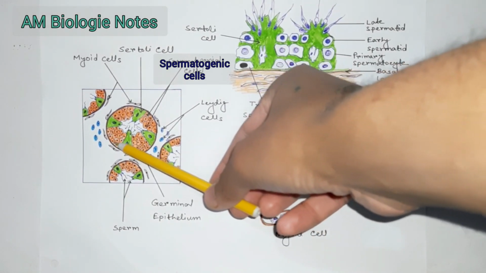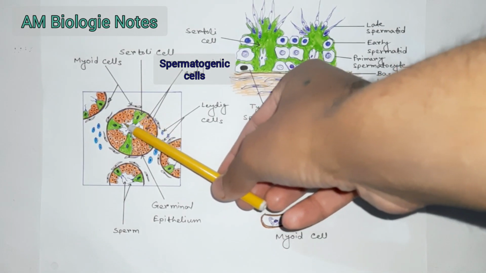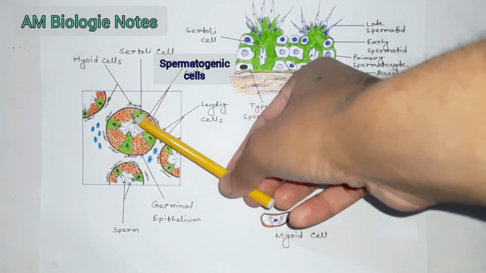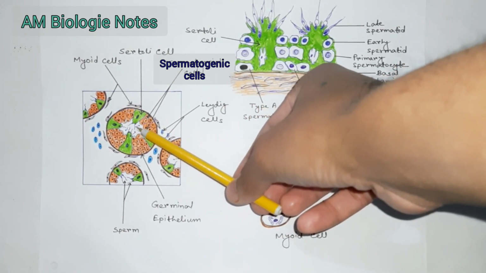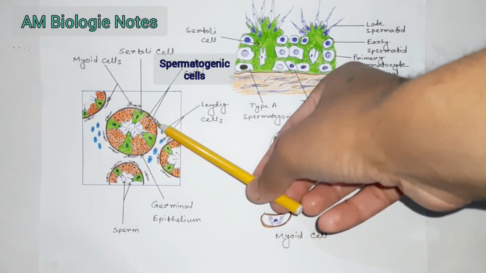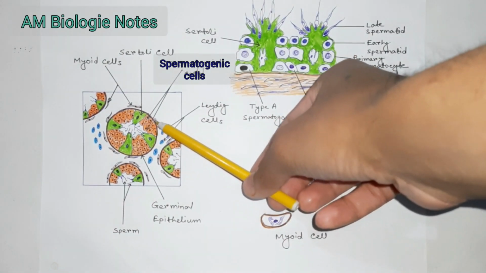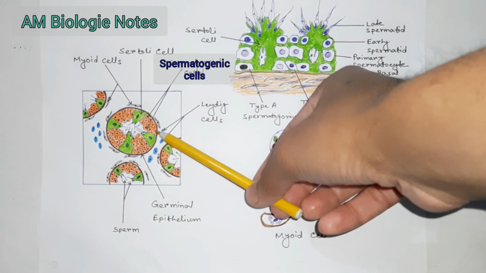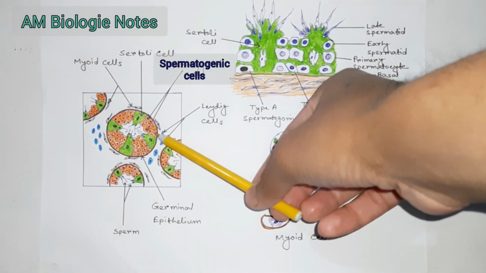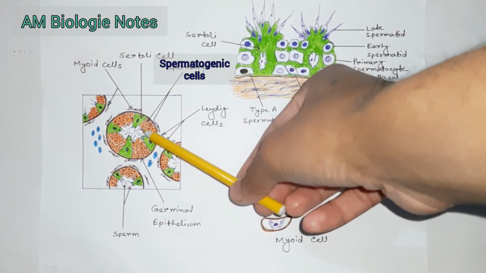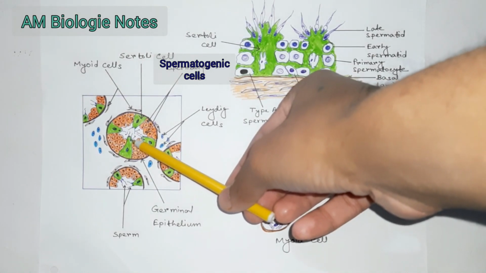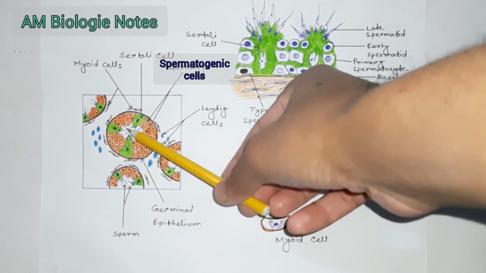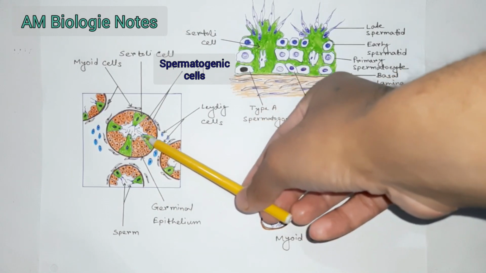These spermatogenic cells regularly replicate and differentiate into mature sperm. The most immature spermatogenic cells, called spermatogonia, rest on the basal lamina. The most mature cells, called spermatids, are attached to the apical portion of the Sertoli cells.